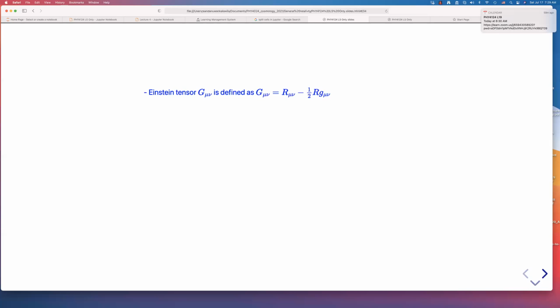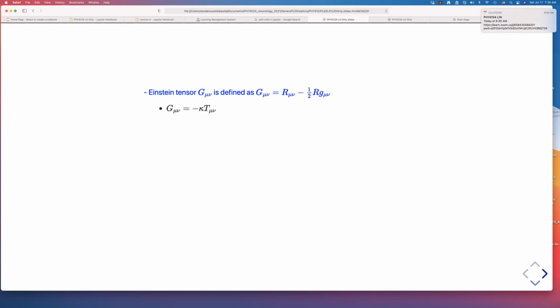And then you define the Einstein tensor G mu nu, which is defined as R mu nu minus half R times g mu nu. The first R mu nu is the Ricci tensor, and just R that you have is the Ricci scalar.